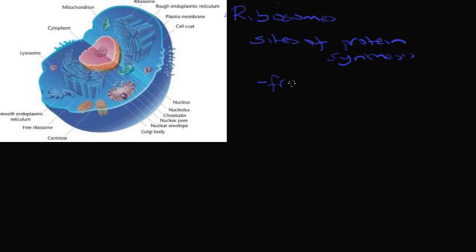There's free ribosomes, which, as you might expect, are kind of floating around, and these are concerned primarily with synthesizing proteins for use outside the cell. So proteins for outside the cell.